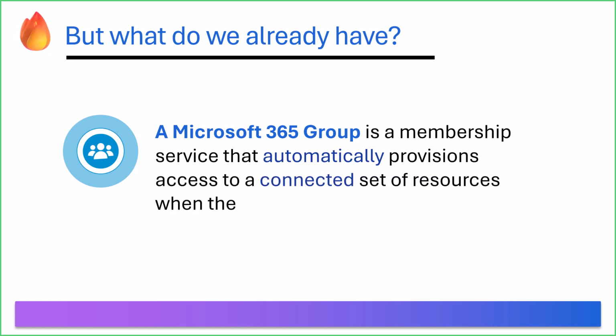So what do we already have? Let's not reinvent anything. We have a Microsoft 365 group, and that's what most of the activities we're doing as a group at work revolve around. It's a membership service. If you're a member of a team in Teams, you're part of a Microsoft 365 group. And every plan in Planner is associated with a group.